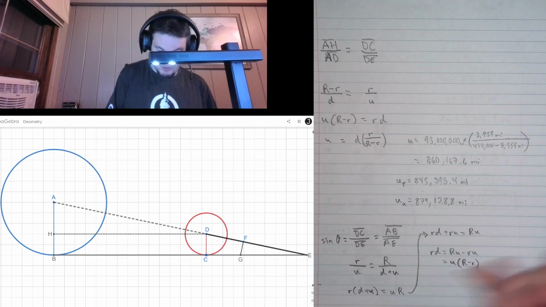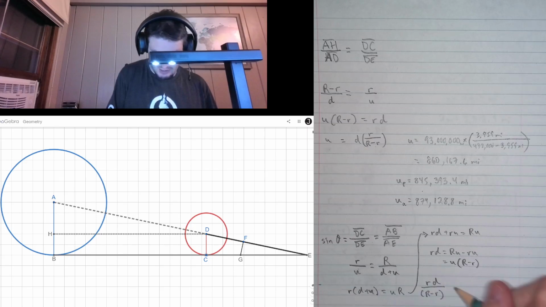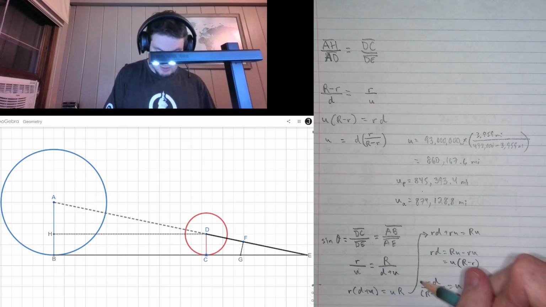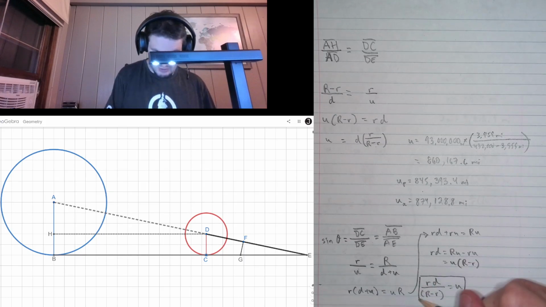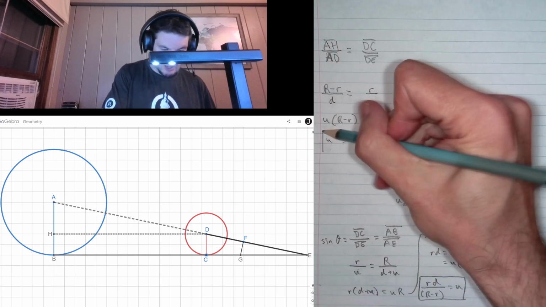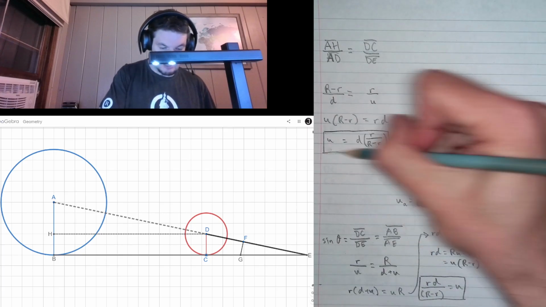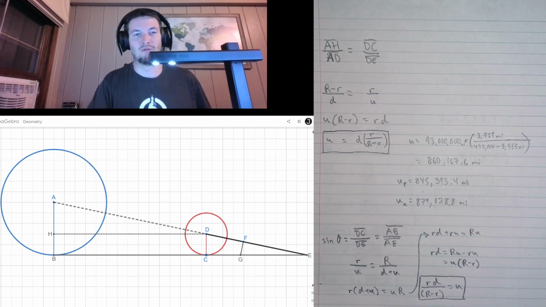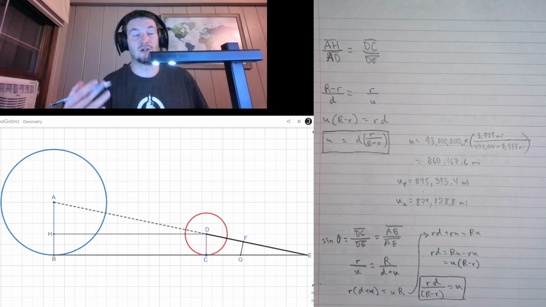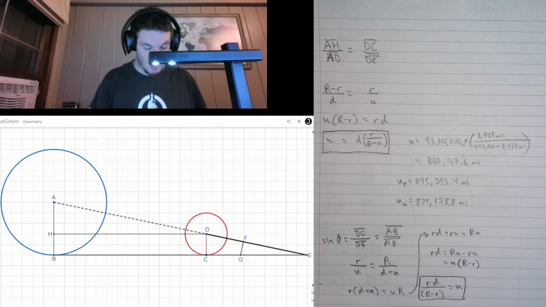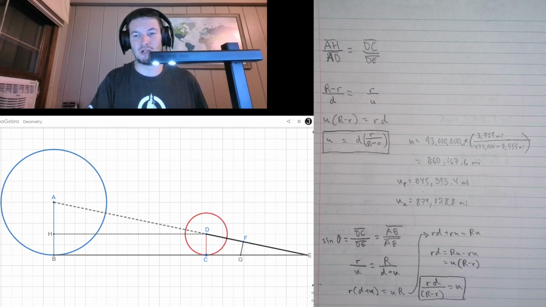And then if we divide both sides by this, we get rD divided by big R minus little r is equal to U. You will notice that these two equations are identical, which is a good thing. If you're going to derive a formula in two different ways, you want to hope that those two expressions are the same. D times r divided by the difference between the radii.